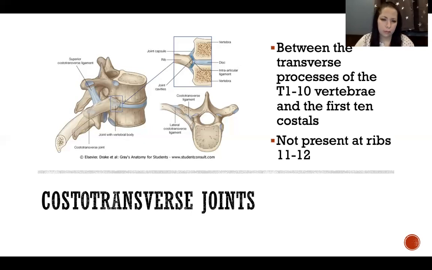If you look at the bottom right overview in our picture, you can see how the rib goes from the body of the vertebra, travels posteriorly, and articulates with a transverse process. The first 10 ribs do that, and those are the costotransverse joints. So we have a total of 20 of those articulations, because we have 10 ribs on each side that have that articulation.